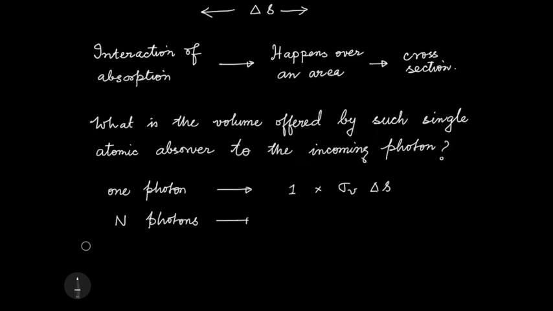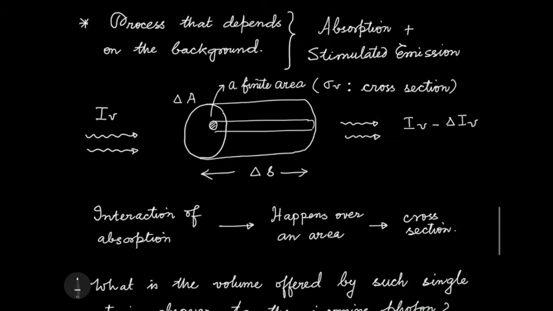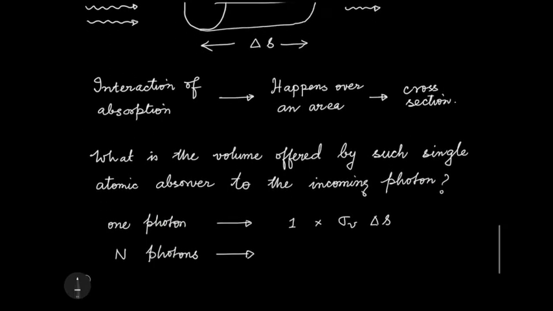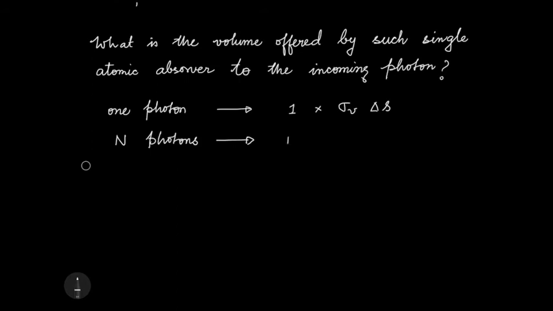There are n photons. So the first photon comes, hits, gets absorbed. The second photon can still come and hit and can still get absorbed. So for n photons, this is just n times sigma nu delta S. But this is by a single atomic absorber.